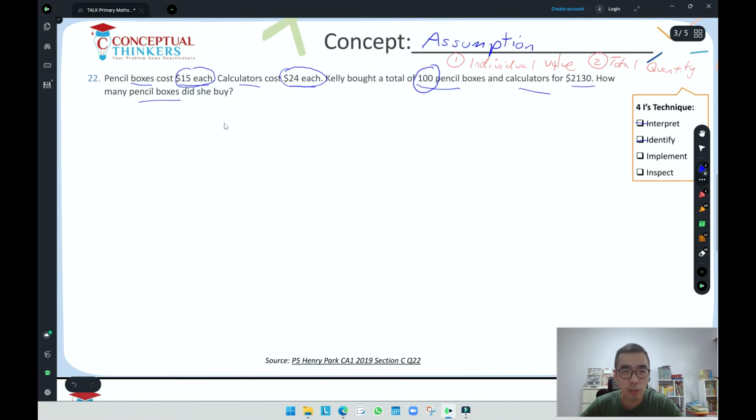In this case they're asking for pencil boxes. So what you need to do is to assume everything to be the other item, to be calculators.